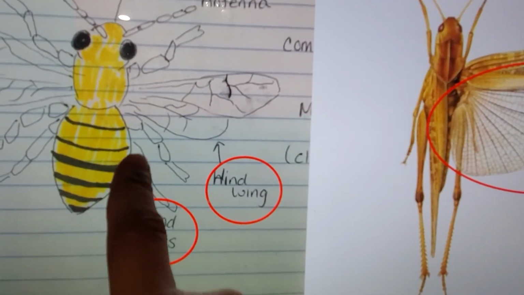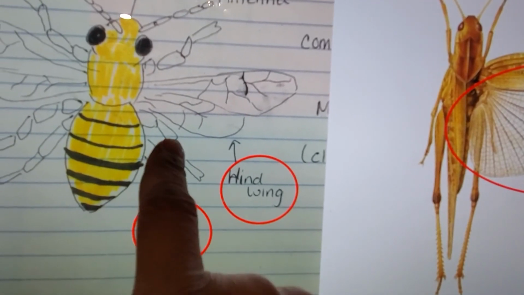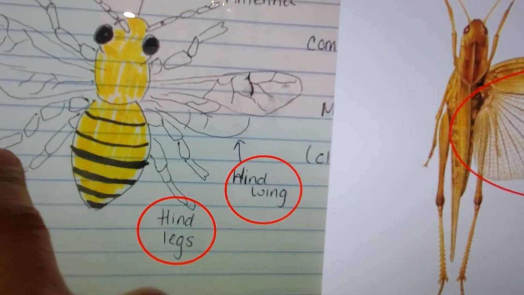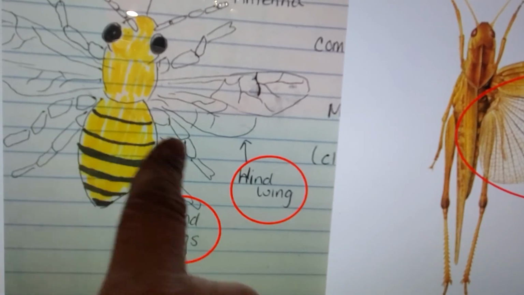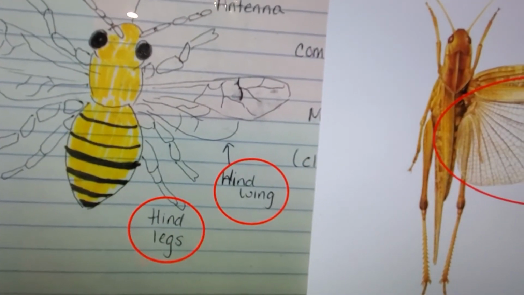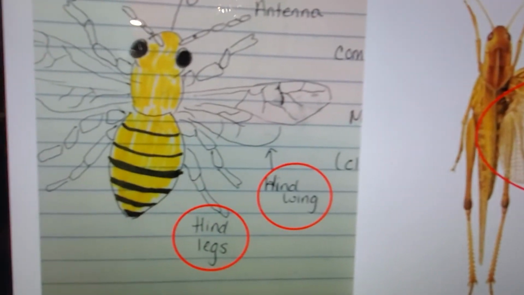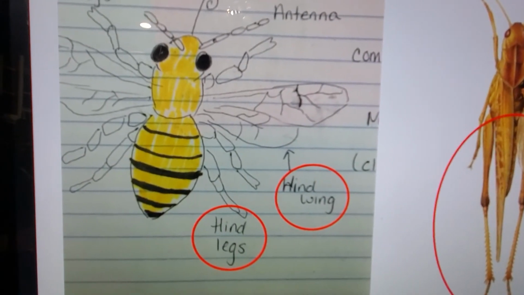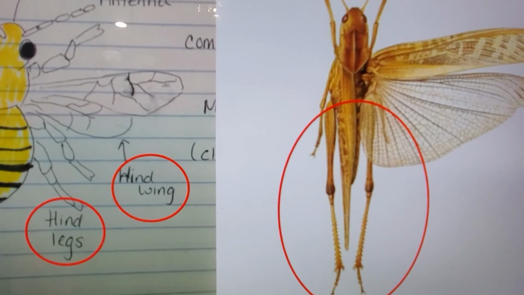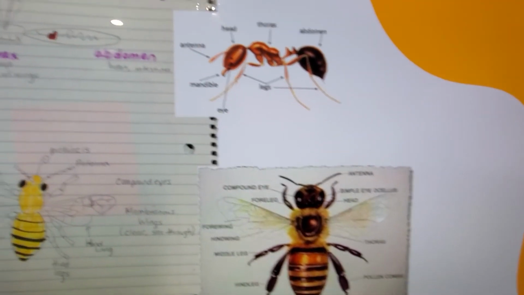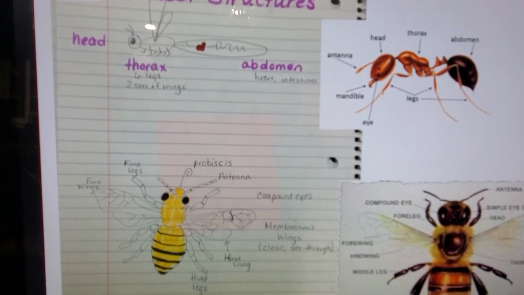And they also have legs in the back. Of the 6 legs, 2 in front, 4 in the back, they're called hind legs. And this guy has some big hind legs here. Oh, there are the hind legs. Alrighty.